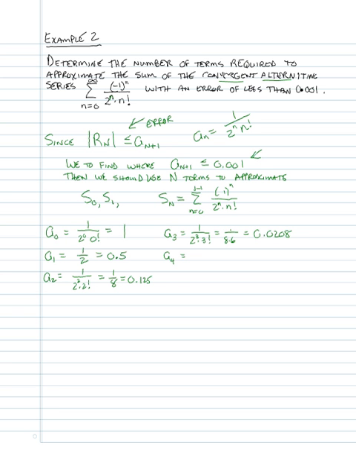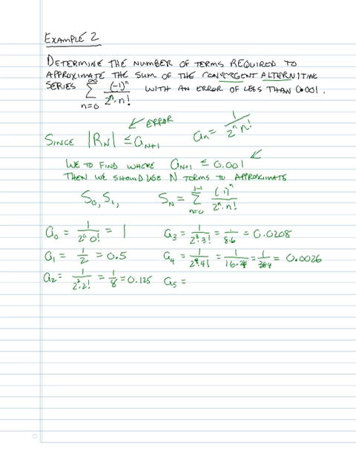A sub 4, well, of course, that's 1 over 2 to the 4th times 4 factorial. 2 to the 4th is 16, so that's 1 over 16 times 24. And 16 times 24 is 384. So this is 1 over 384, which is 0.0026 in decimal form. Aha. A sub 5 then.